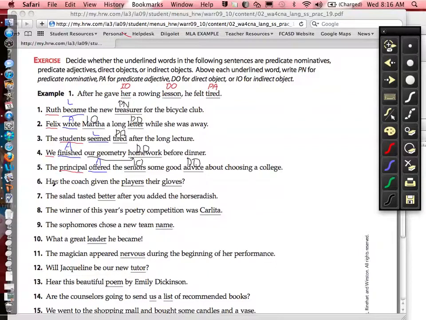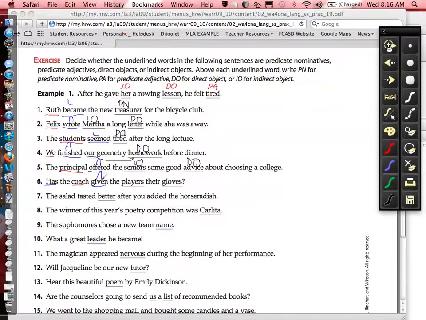All right. Number 6 will be the last one. Has the coach given the players their gloves? What's the subject? Coach. What's the verb? Has given. Is that an action verb or a linking verb?